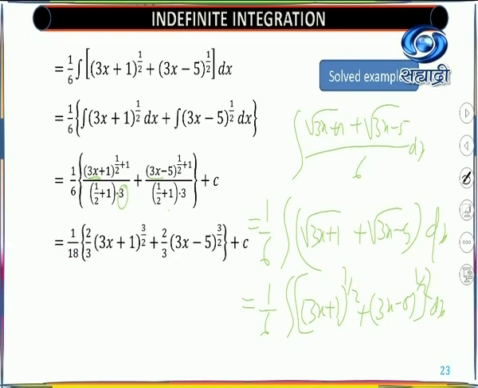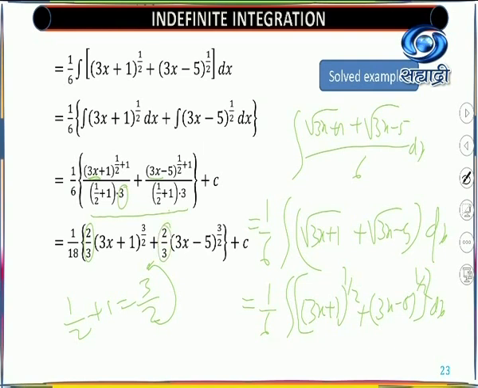And here you get your value as, now if you take 3 common from throughout, 6 3s are 18, 2 upon 3, because here half plus 1 is nothing but 3 by 2. It is in the denominator, so if it goes to the numerator, it becomes 2 upon 3. Here also it becomes 2 upon 3.